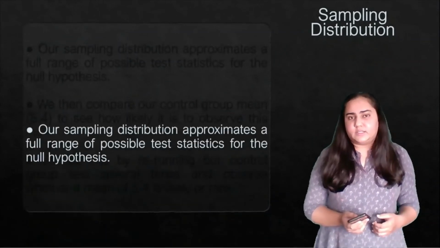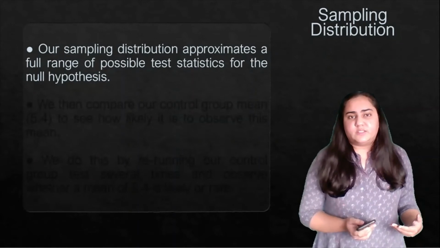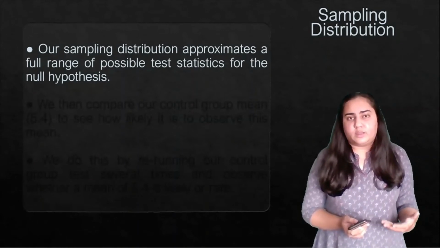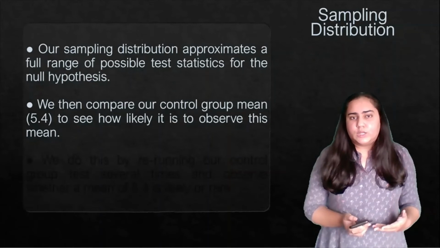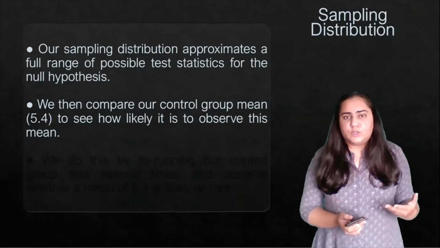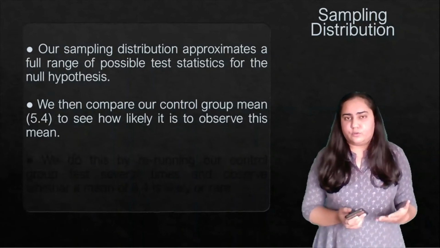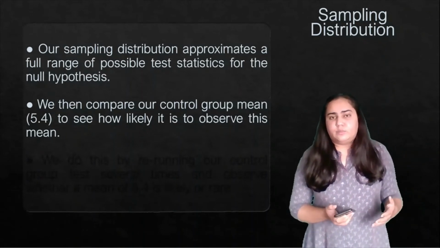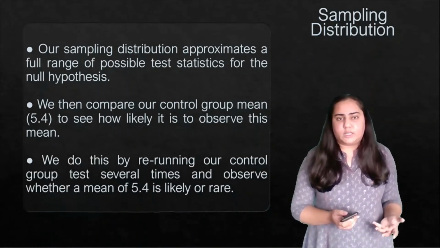So what exactly is sampling distribution? Our sampling distribution approximates a full range of possible test statistics for the null hypothesis. And then we can compare our control group mean to see how likely it is to observe this mean. 5.4 was the control group mean, which means that was the average days people experienced symptoms without taking the real medication.